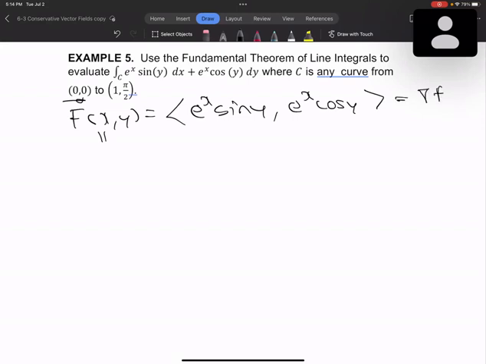So what does it mean? That we need f_x, f_y is that. Or if you want, f_x comma f_y is that. So it's kind of similar to the problem we just did. So we need to find f of x, y, and then we just apply the fundamental theorem for line integrals between these 2 points.